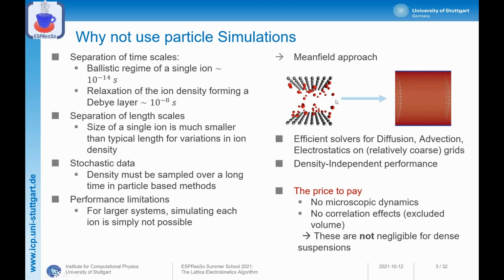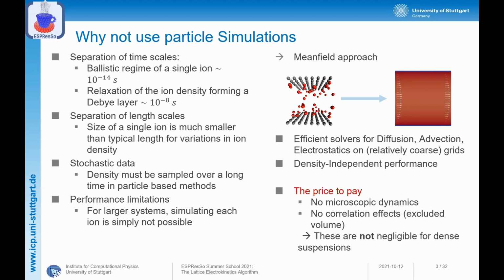We go to a mean field approach, which means we replace the idea of having individual ions in, for example, this channel here, with a density of ions that moves in this channel. We can then use efficient solvers for the diffusion, advection, and electrostatics of that problem.